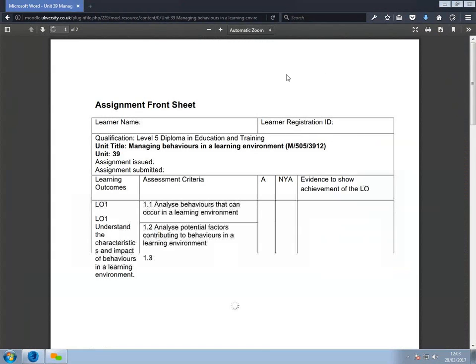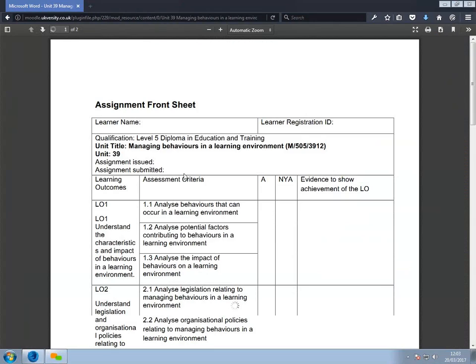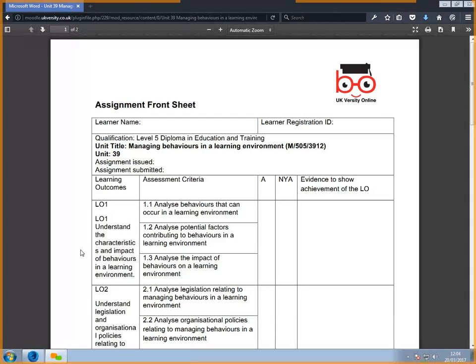Front sheet, managing behaviours. It's looking to do a number of things. You understand the impact of behaviours on the learning environment. I mean, most of us know what that is in practical terms. One student that either doesn't want to be there or has made his mind up that it's going to be as difficult as possible, and it can affect the whole class.